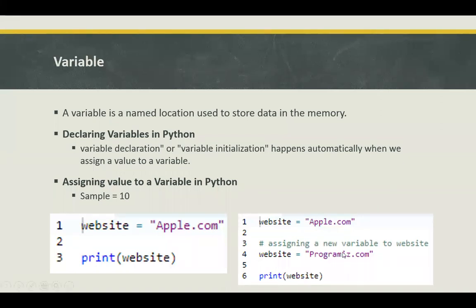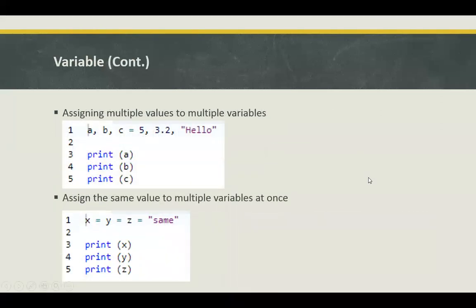Apple.com or this program is .com? Right. Automatically, the new value would be assigned to the variable. Thank you for your response.